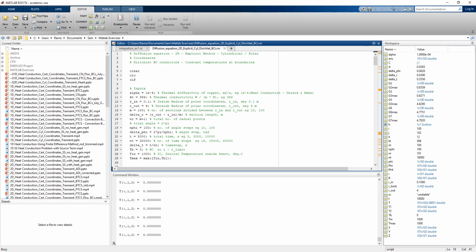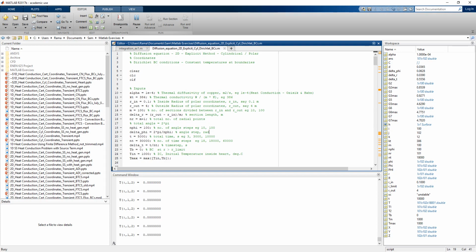The maximum radius is 4 meters. The inside radius, the smallest value, is 0.1 meter here. And we divide the radial dimension into 100 sections. Accordingly, m equals 100. Delta r, each segment length, is r out minus r in over m, and the total number of radial points is nr equals m plus 1.